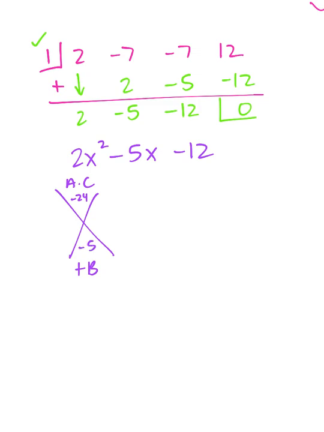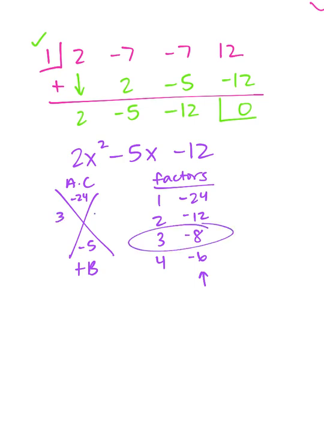B is -5. Factors of 24 are 1 and 24, 2 and 12, 3 and 8, 4 and 6. I need one of them to be negative because my A times C is negative, so I'm going to look at B. B is negative, so I know that my bigger values are going to be negative. And if I add those together, the ones that add up to be -5 are 3 and -8.